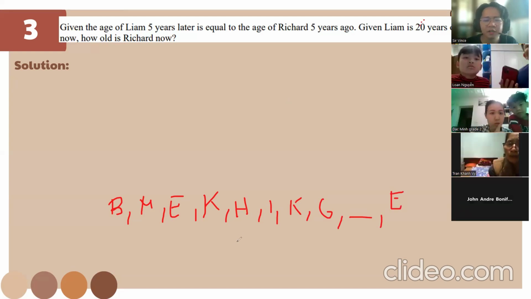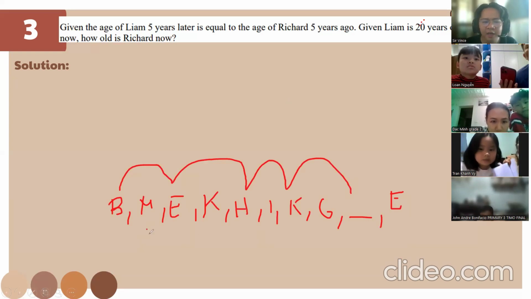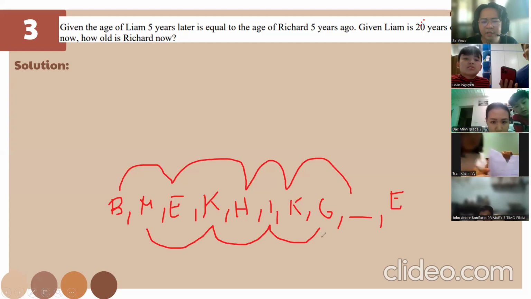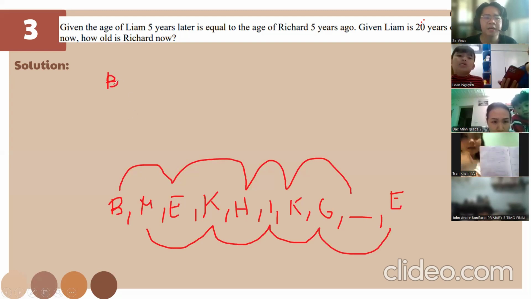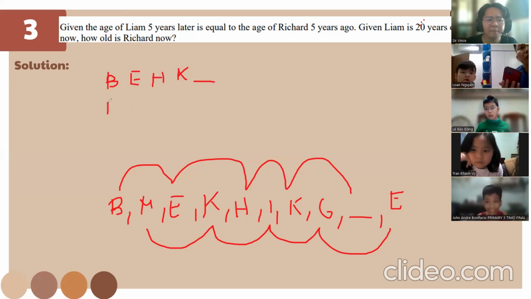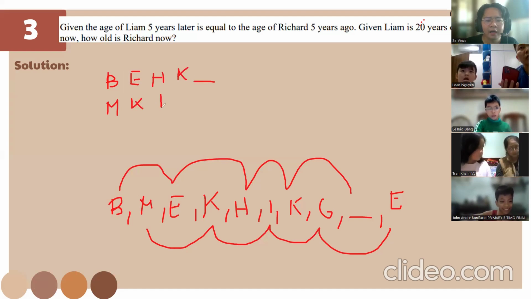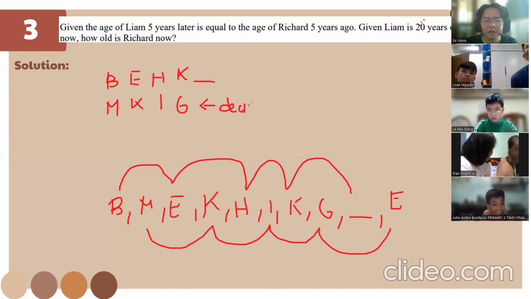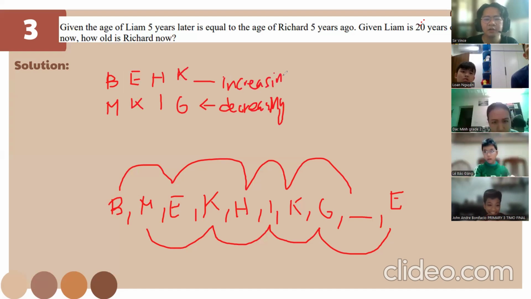So plus 3, we have E. If we have here B, E, H, K, then the question mark, and also M, question mark, K, the question mark is I, G. So this one is decreasing, ma'am. And this one is increasing.